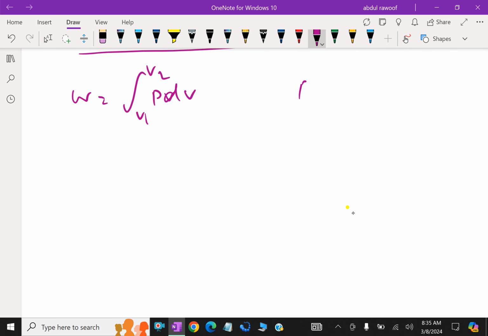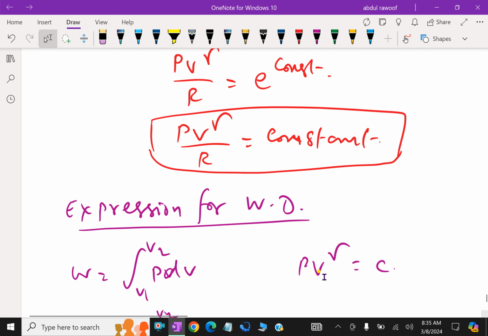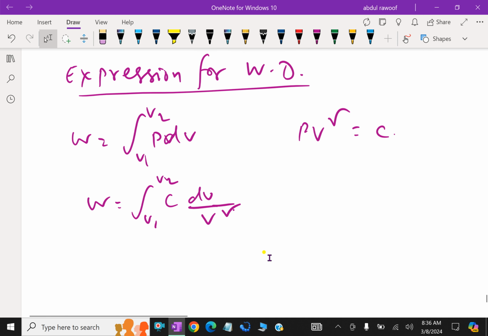And PV power gamma equal to constant C. Therefore, we can write W equal integral V1 to V2 C dV by V power gamma, because we have the relation before, PV power gamma equal to constant.